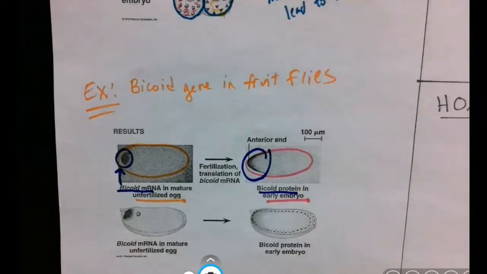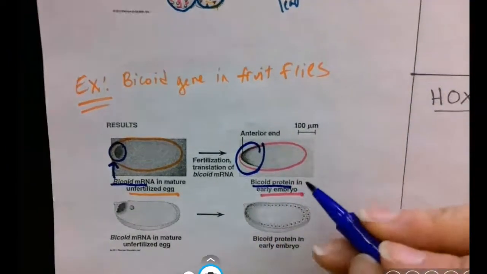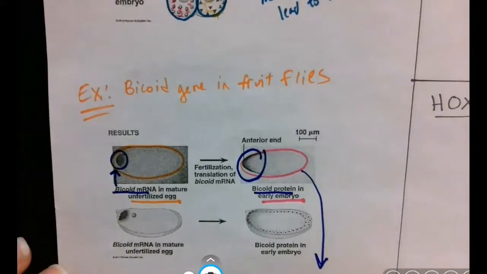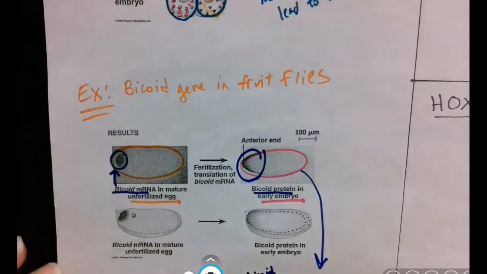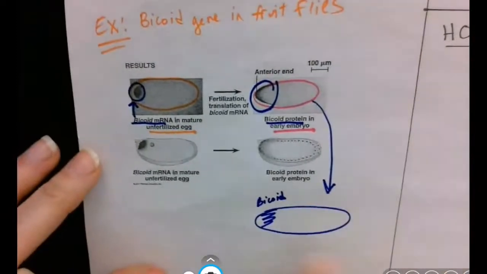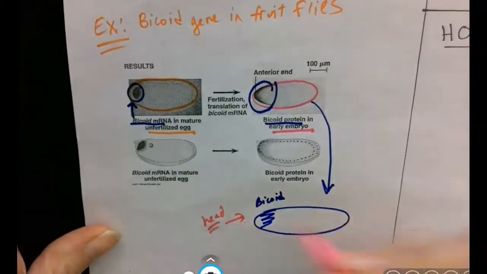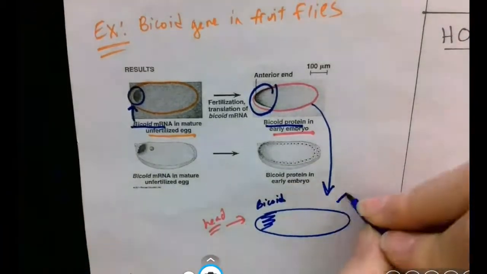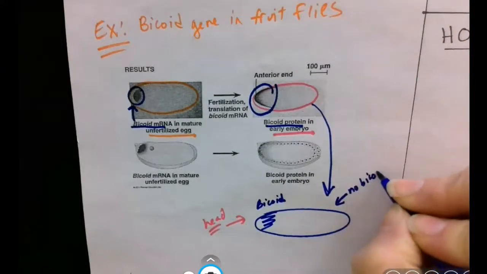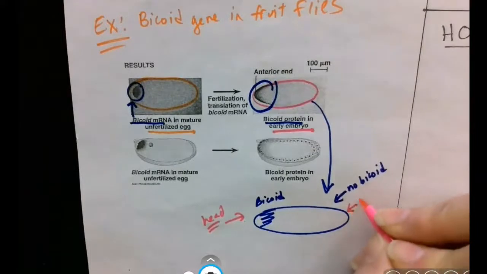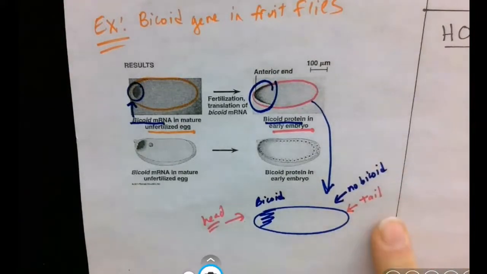Now, when they look at the mature fruit fly, what they notice is that where there's bicoid, genes are turned on to produce the head of the organism. Where there's no bicoid, the cell automatically produces the tail or the abdomen of the fruit fly.